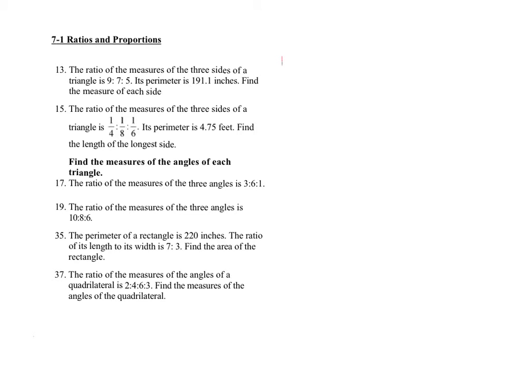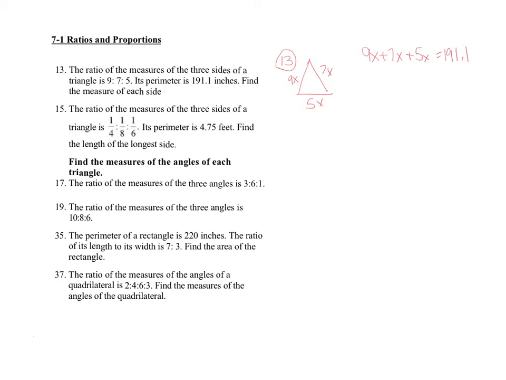So I'm going to start 13 here. A triangle with sides 9x, 7x, and 5x. If we add those up, our perimeter is going to be 191.1.